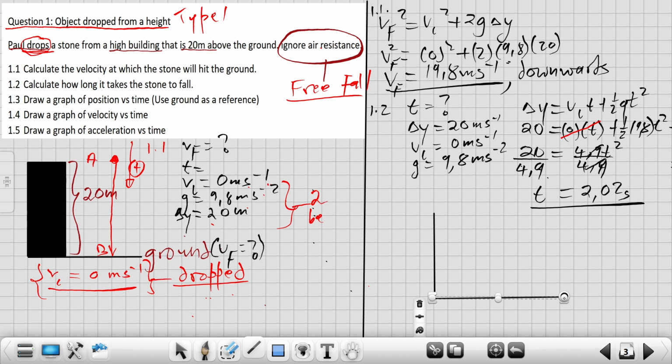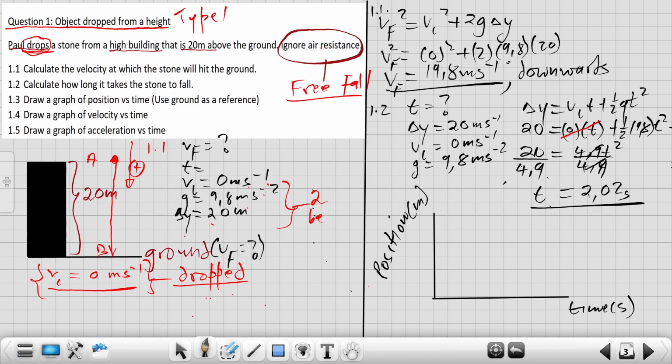I'll further extend it, and then we are able to say we need to write here now, this is position versus time. So this is position versus time in seconds, and this one in meters.